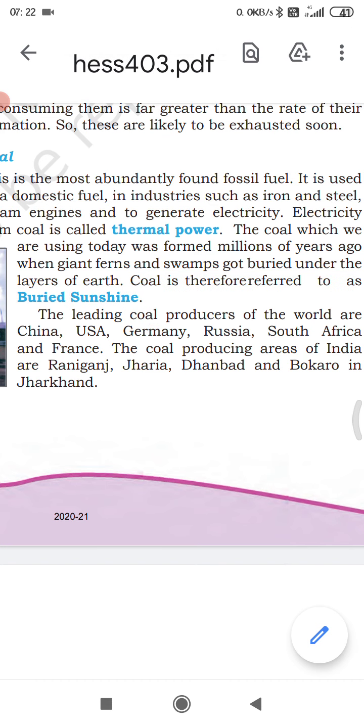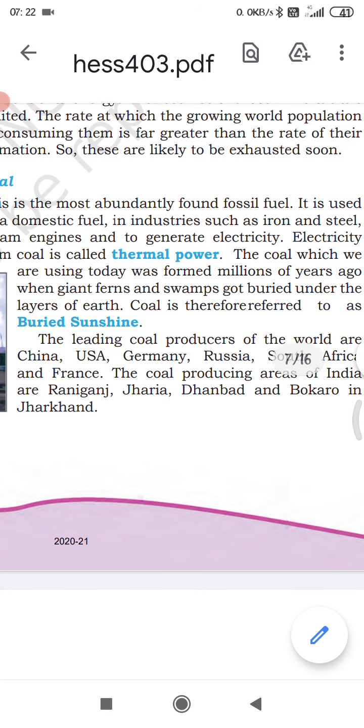It takes millions of years for the formation of coal. When huge ferns and swamps got buried under the layers of the earth, after millions of years, the fossils of the animals and these plants turned into coal.